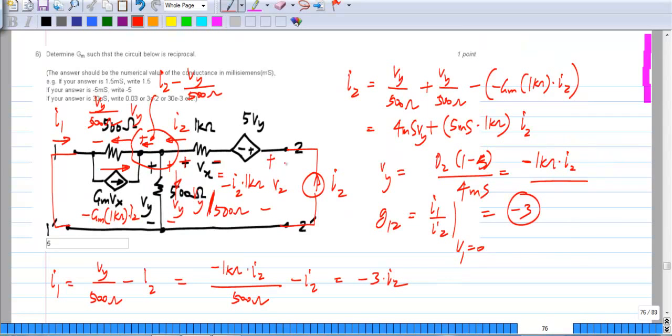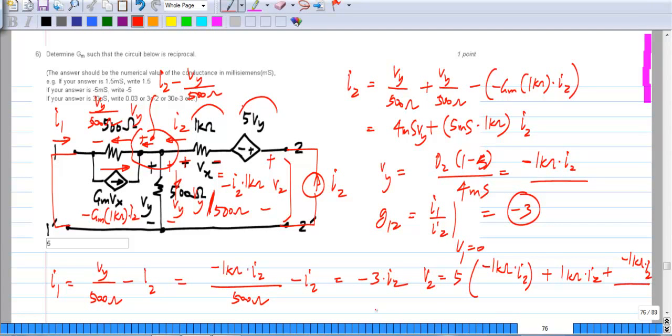Now we have to find V2 to find G22. So V2 is nothing but the voltage drop across that plus the voltage drop across that, plus this. So V2 would be 5 times Vy, which is 5 times minus 1 kilo ohm times I2, plus 1 kilo ohm times I2, that's the voltage drop across that, plus Vy itself, which is minus 1 kilo ohm times I2.